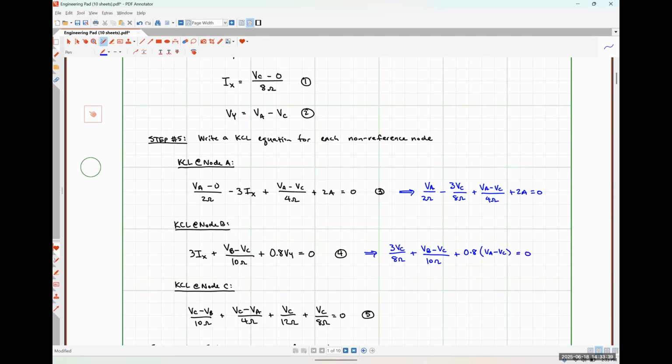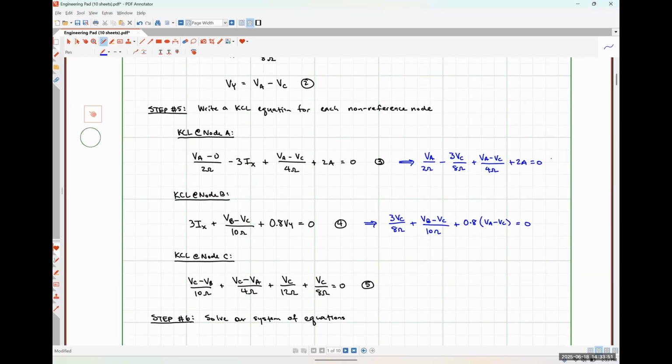And I'm going to set this equal to 0. And I believe I have done those substitutions correctly. And then equation 5 doesn't have any Ix's in it, and it doesn't have any Iy's in it. So really, I can just solve this system of 3 equations to be able to get what I'm interested in.